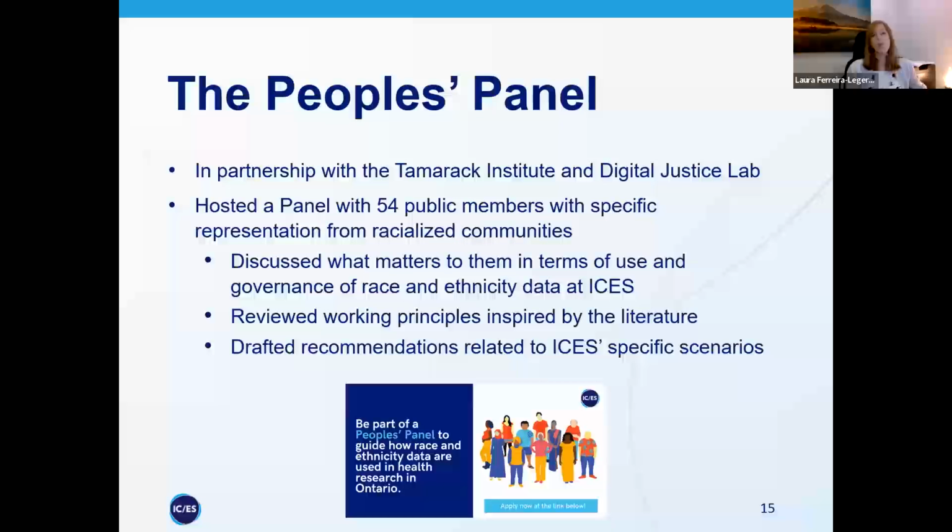They also reviewed some of the initial working principles we had pulled from the literature, to see if these aligned with their thinking and priorities. About five focus groups were conducted over the course of the spring, and through these they drafted initial recommendations related to specific scenarios, both at a corporate level and a project level. All of this work was summarized in a larger report and ultimately informed the four domains that shook out after this work.